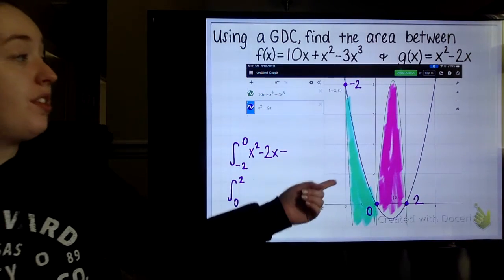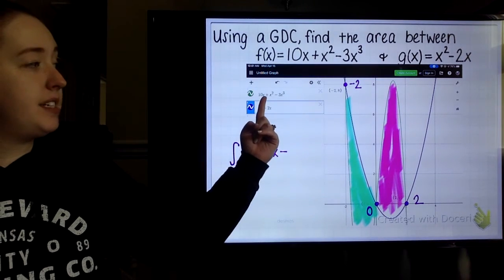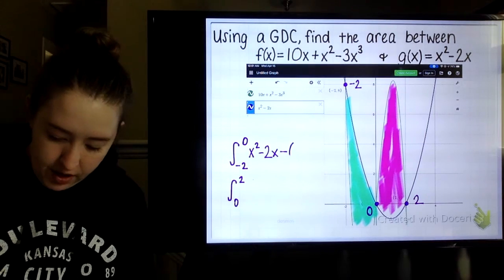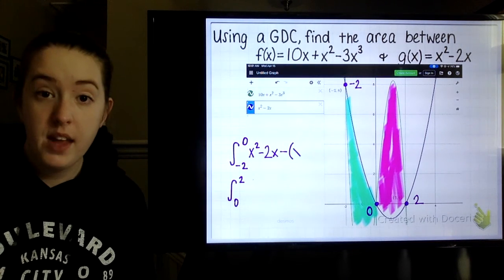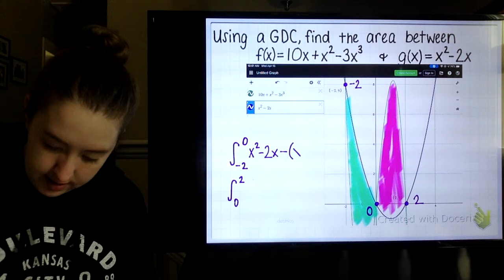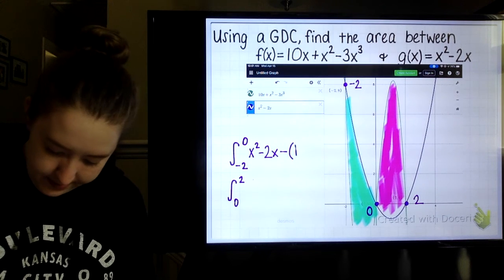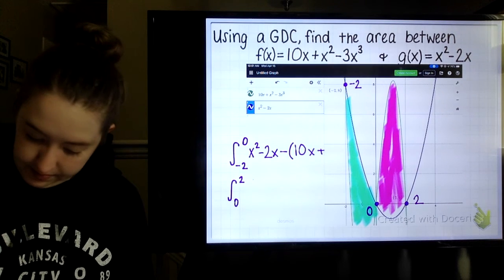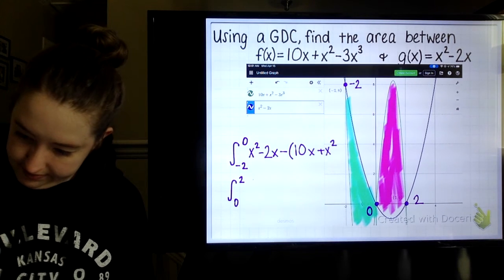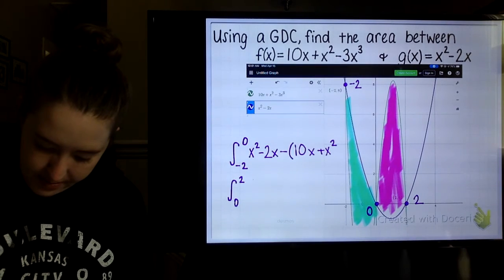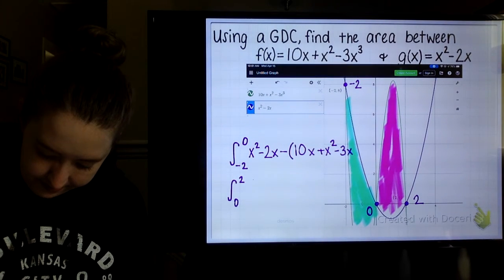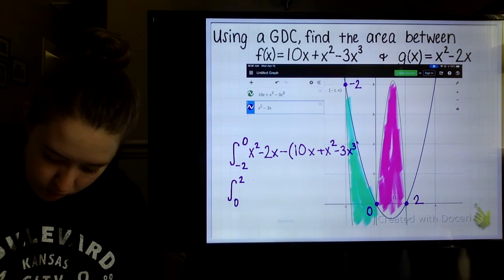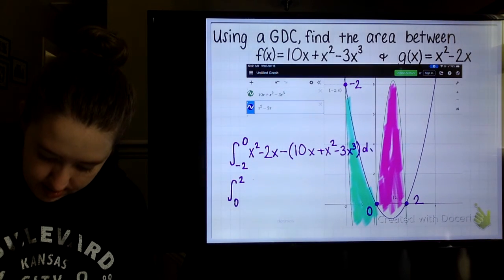Minus, and then the function on the bottom was 10x plus x squared minus 3x cubed. We want to make sure we put our parentheses there: 10x plus x squared minus 3x cubed, dx.